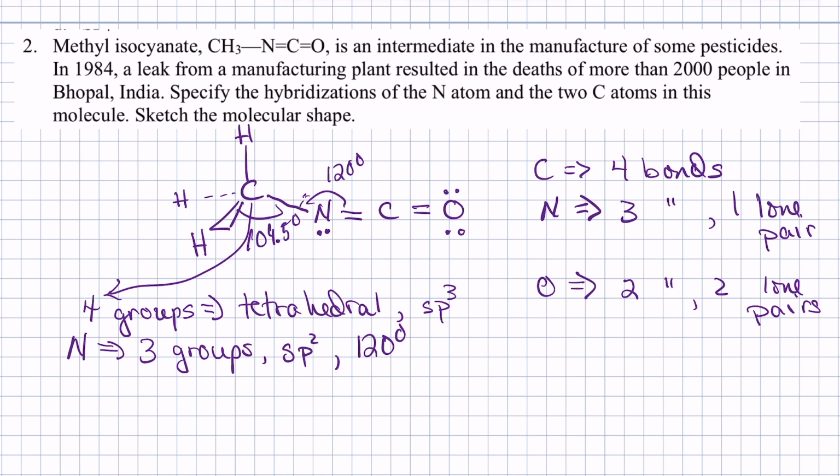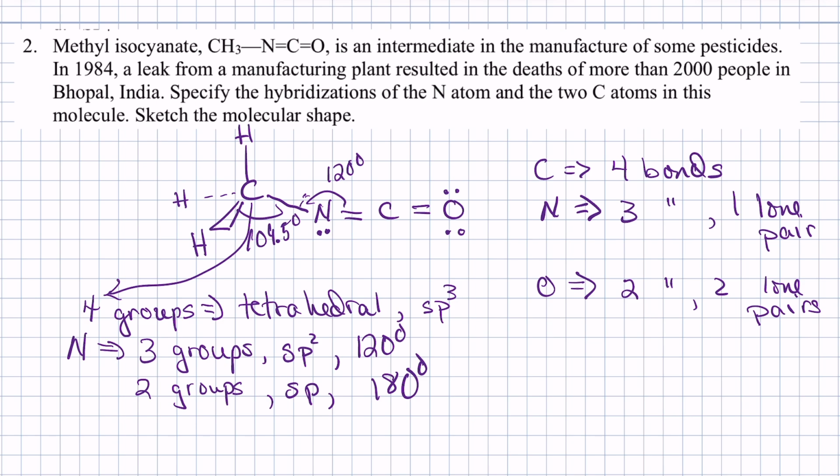And then finally, this last carbon, it's got 2 groups, just like CO2 had 2 groups. And with 2 groups, we've got sp hybridization with a 180 degree angle.